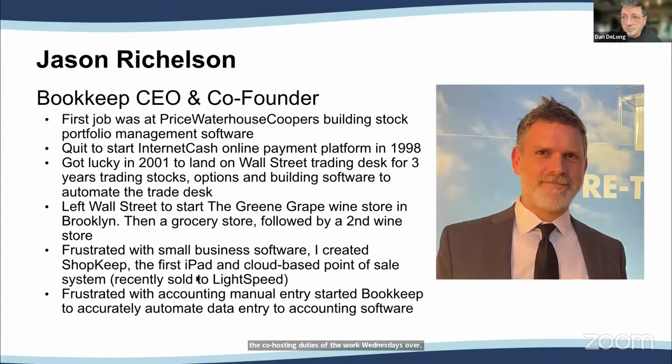So we have a few extra people joining us here today. Jason, you want to introduce yourself? Sure. My name's Jason Richelson, and I am the co-founder and CEO of Bookkeep. Before that, I worked at Price Waterhouse for a long time. I'm also a small business owner. After I left Price Waterhouse, I went on to Wall Street, but then started my own wine store.